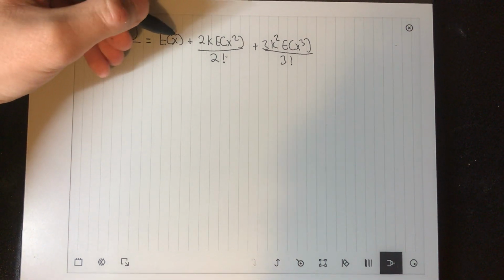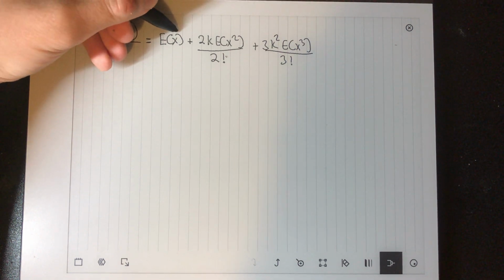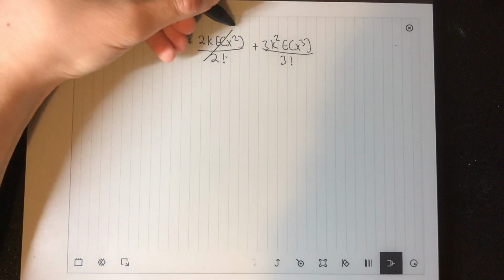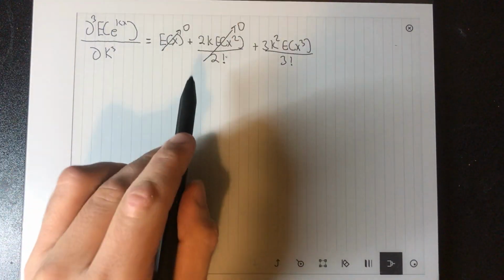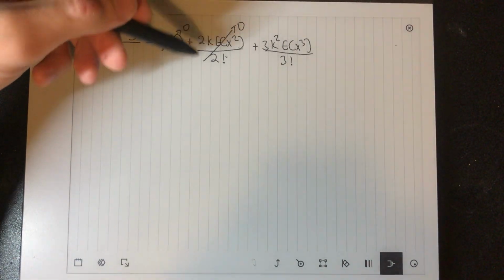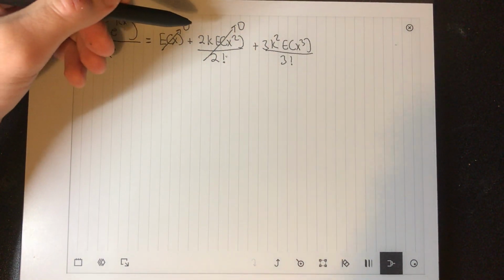Taking the third derivative, this will give us 0, because if we take the derivative 2 times with respect to k, there is not going to be a k on the second time we're taking the derivative, so this will go to 0.